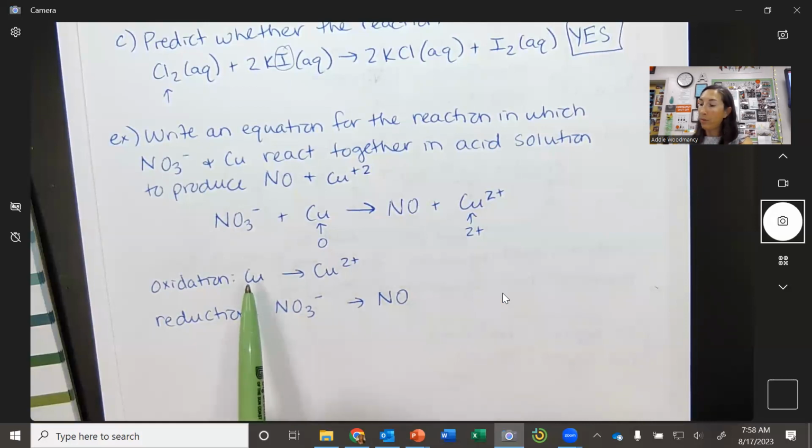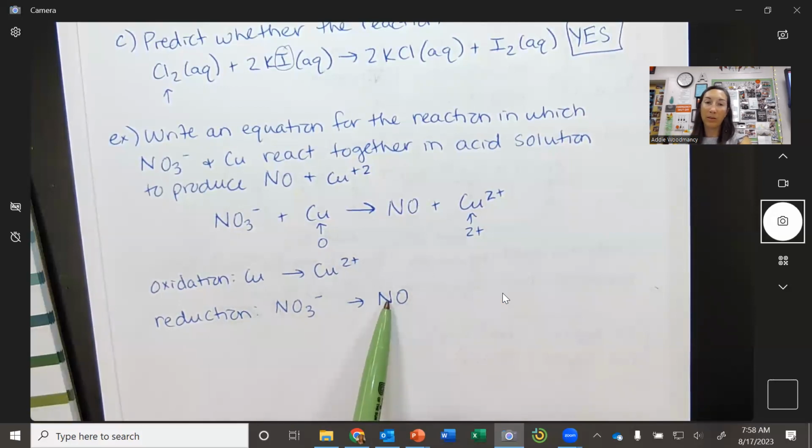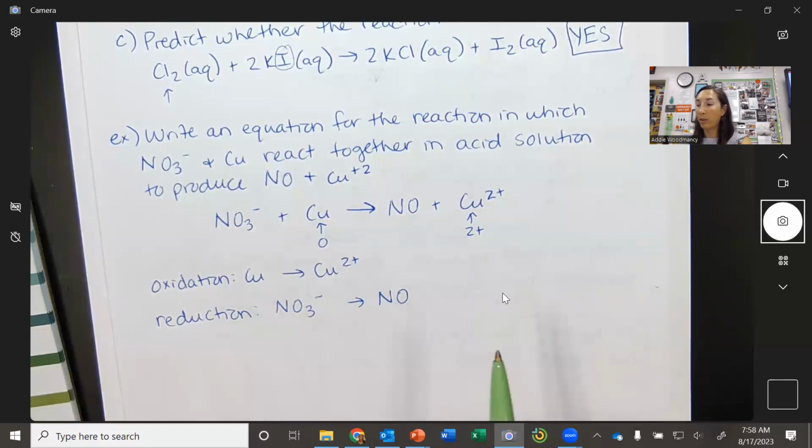All right, so the next thing we have to do is balance all of the elements other than oxygen. So I have one copper on this side, one copper on this side, one nitrogen on this side, one nitrogen on this side. So everything's balanced. Now I balance the oxygens by adding water to one side or the other. Now this equation doesn't have oxygen, so I don't even try to touch it with any kind of water because that would just be an issue.